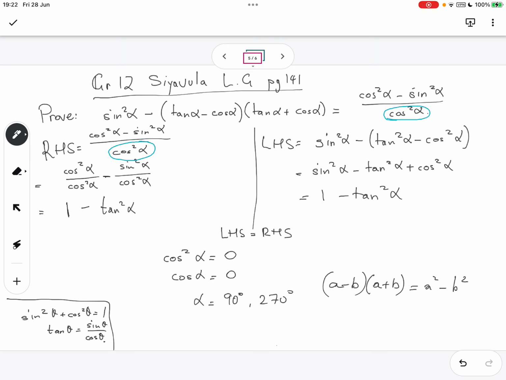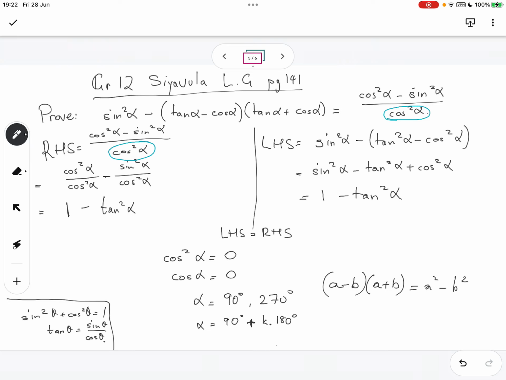That means if we make a general case for alpha, it's 90 degrees plus a factor times 180 degrees, because if we add 180 degrees to 90, we get 270.